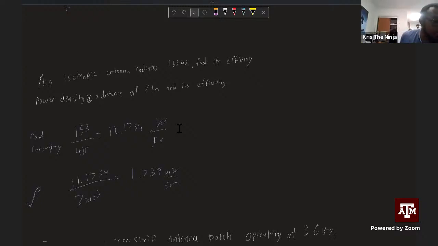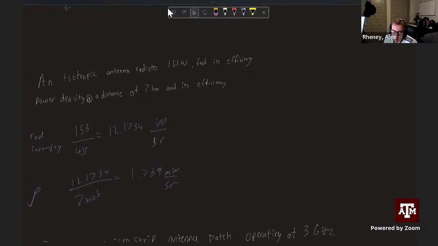Hold on just a second, y'all. The isotropic radiation intensity would be the 12.174, would it not?